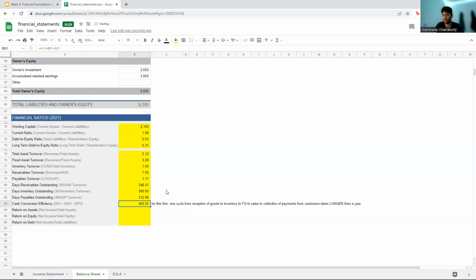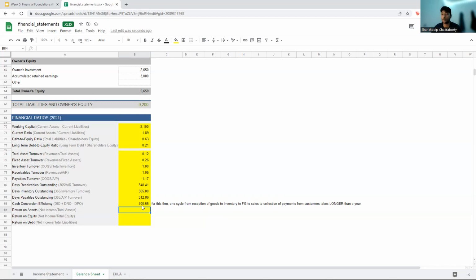Because 400 days, that's longer than 365. So it takes more than a year on average for this firm to convert its outflows into inflows and its inventory into cash, which can be a good thing. It also can be a bad thing. It depends purely based on the industry and based on the past of this company.